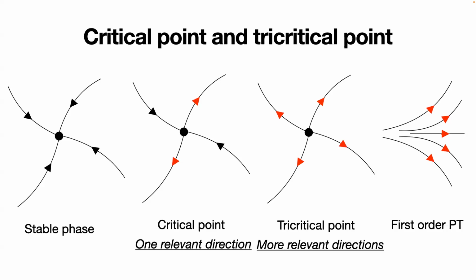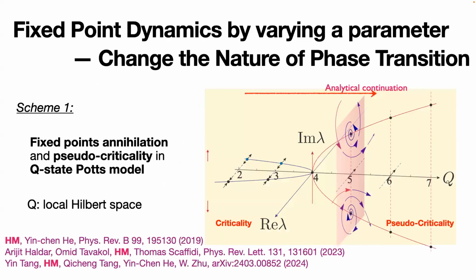Okay, so we have these various different scenarios. In a system, usually there can be multiple fixed points. And by tuning some parameter, we can realize the fixed point dynamics. So these fixed points can move inside the parameter space, and this will lead to a change of the nature of the phase transition.